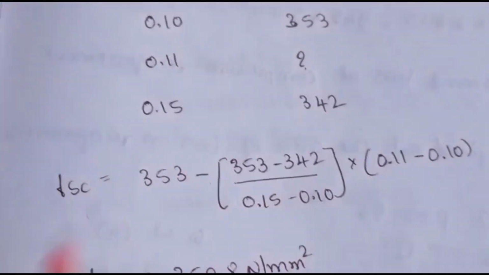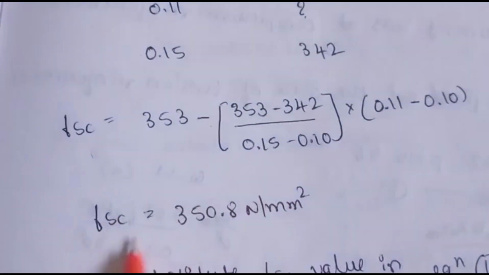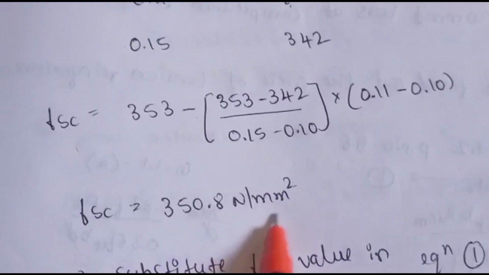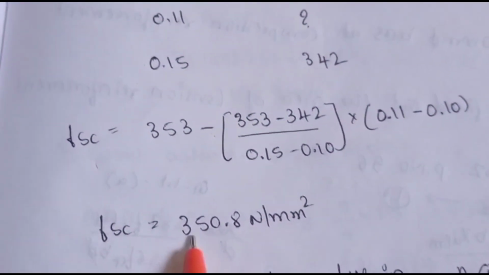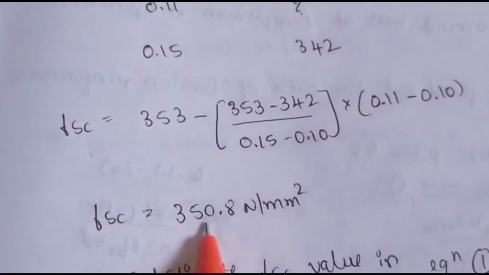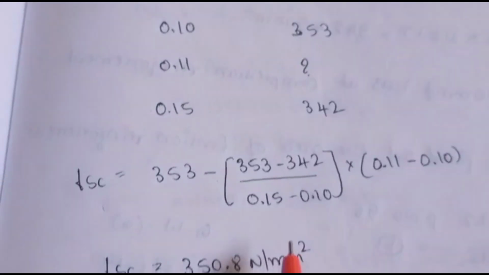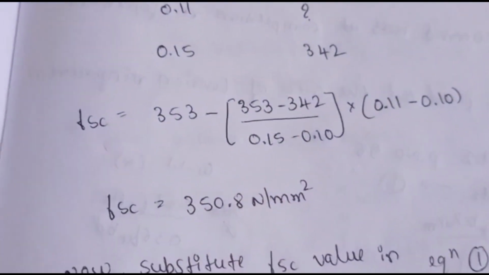Calculating this, we get our Fs value is equal to 350.8 Newton per mm square. This is how we calculate the FSC value by using SP16.